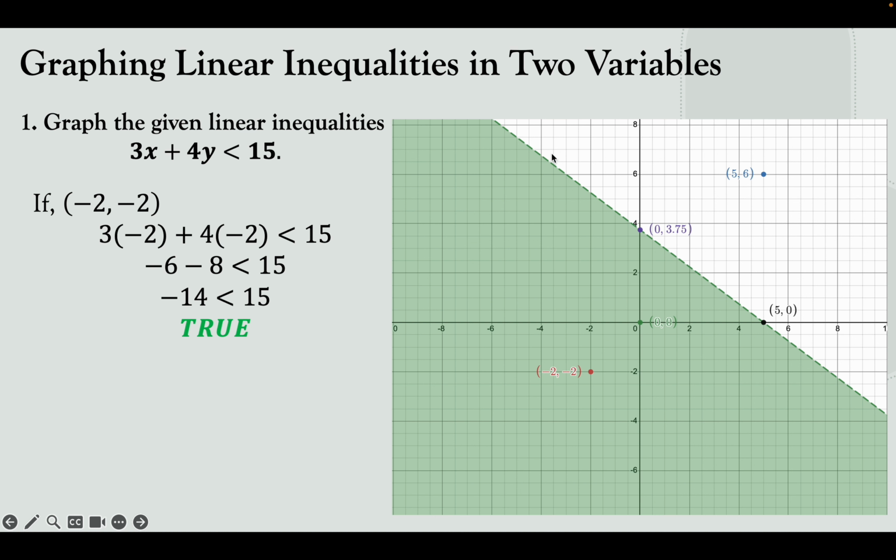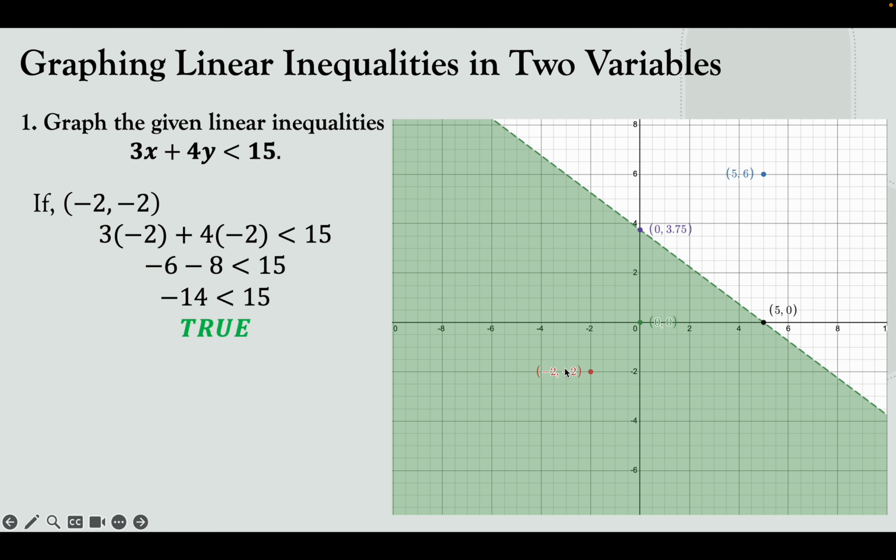So we have here the broken line now, and our intercepts are plotted along the borderline, and the 0, 0 point here is in the shaded region. Now you will shade the region where the points' results are true.